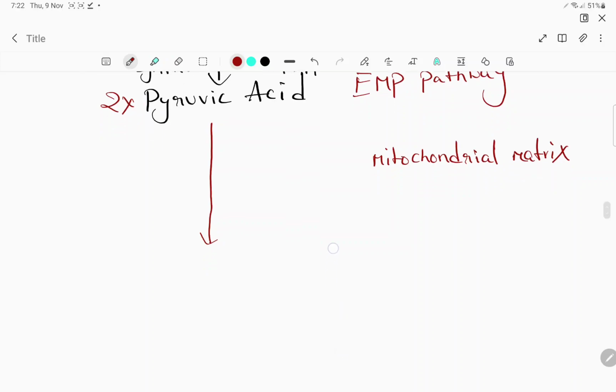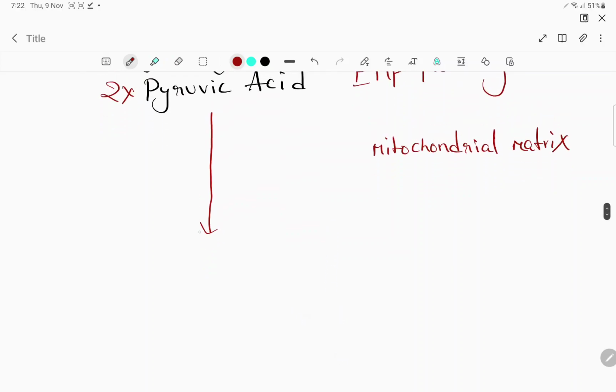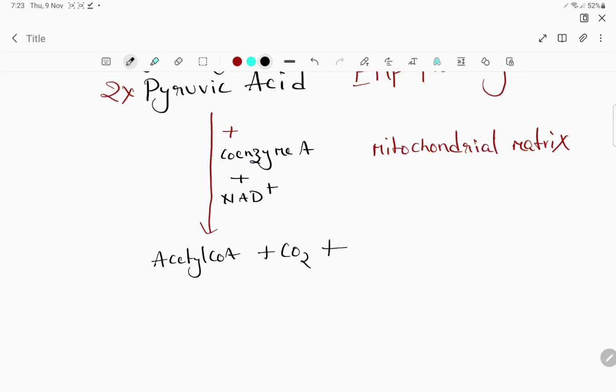And there this pyruvic acid plus coenzyme A plus NAD plus gives rise to acetyl CoA plus CO2 plus NADH2.